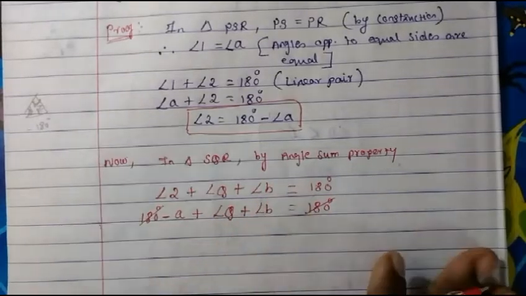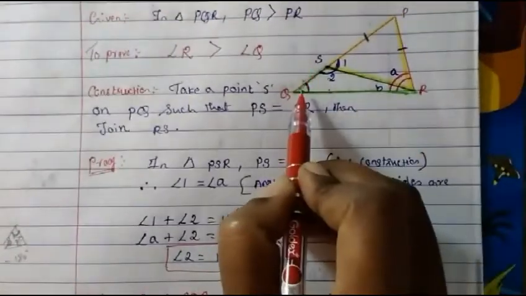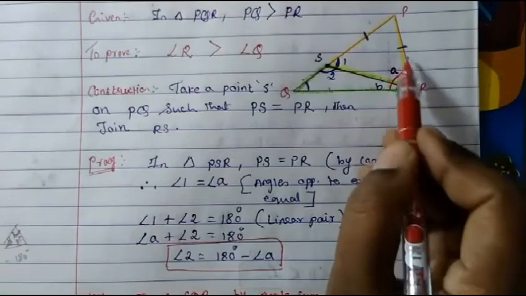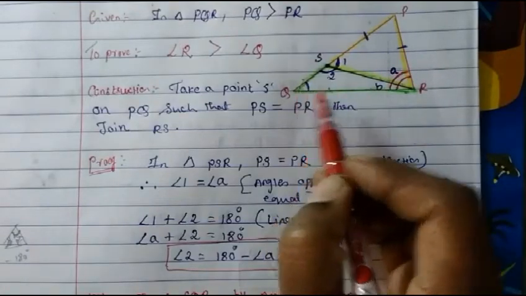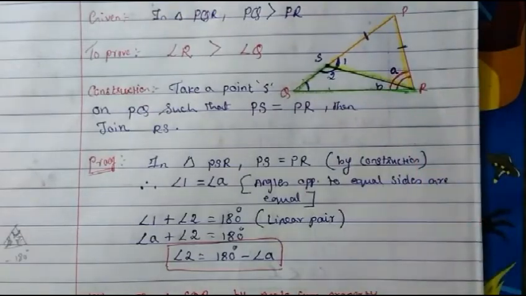We have to find out angle Q, because we have said that angle Q will be smaller, since the angle opposite to the shorter side will be smaller, and the angle opposite to the longer side will be bigger. That's what we have to prove, right?